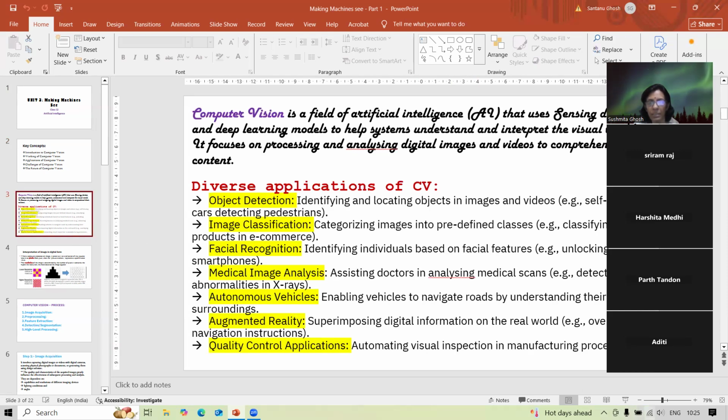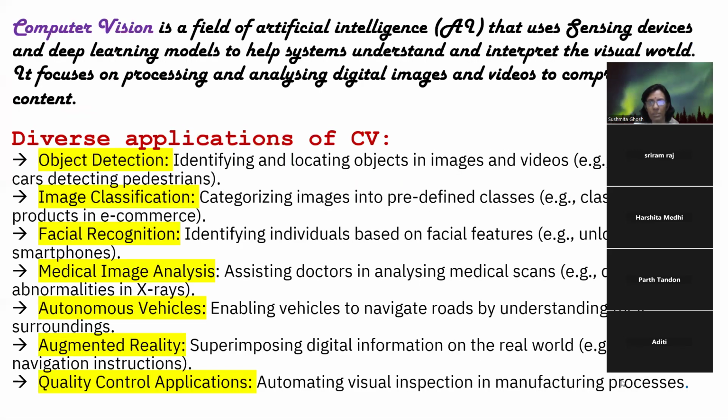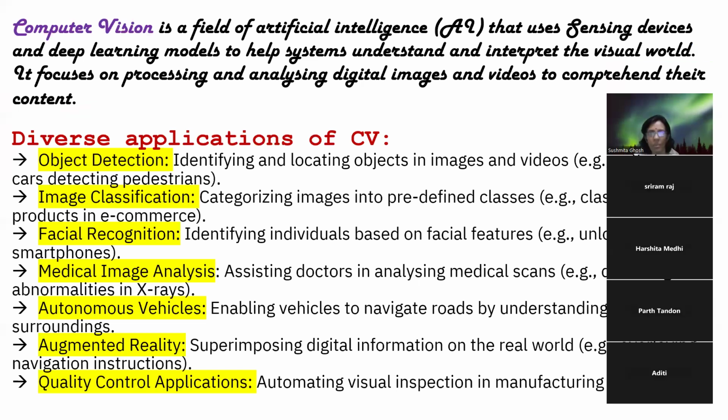So basically, we are talking about the field which uses sensing devices and deep learning models to help the system understand and interpret the visual world. By seeing what? Majorly your images.